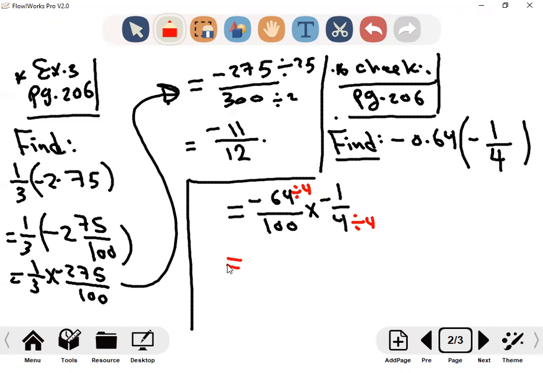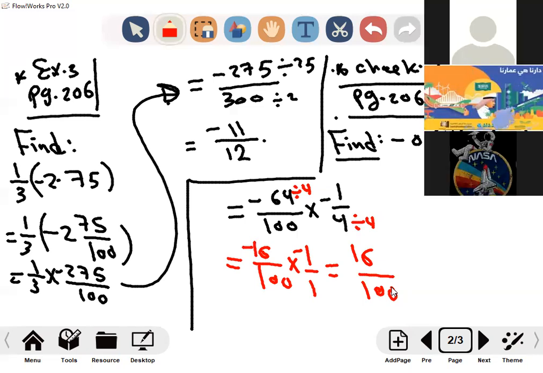Now, negative times negative, positive. Here 16 over 100 multiplied by 1 over 1. Negative 16 times negative 1 is 16 over 100 times 1. 16 over 100 we can divide also by 4. So divide up and down by 4. It will be 4 over 25.